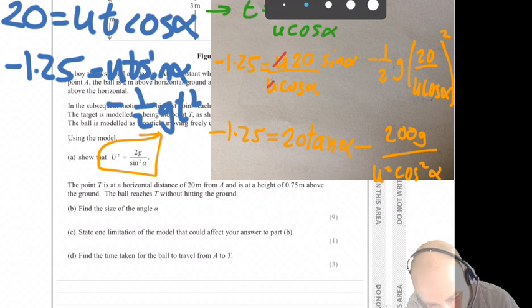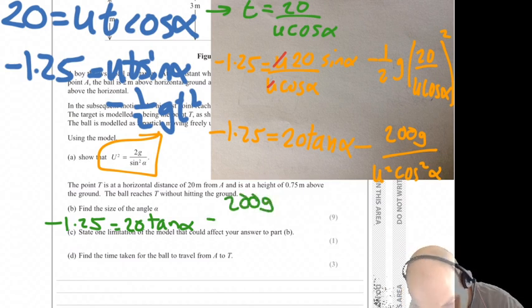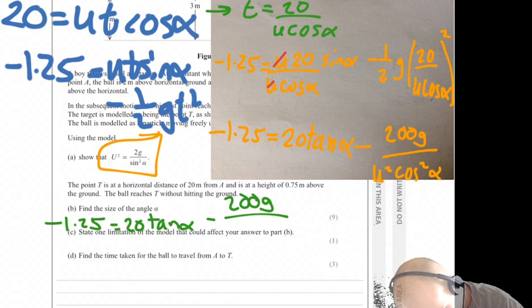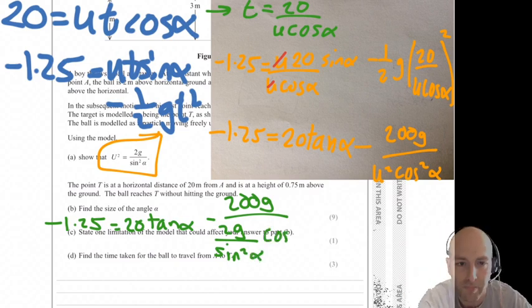So let's write it out one more time with everything put together. So minus 1.25 is 20 tan alpha minus 200g over, and we're going to put u squared in, so we get 2g over sine squared alpha, times cos squared alpha. Okay, cos over sine is cot, and 1 over cot is tan.